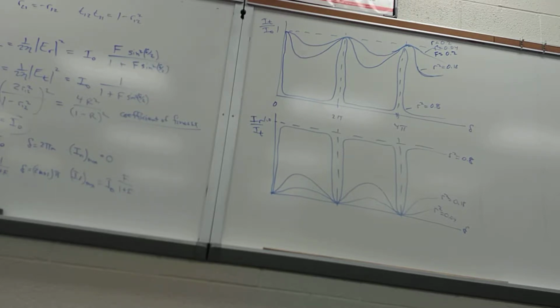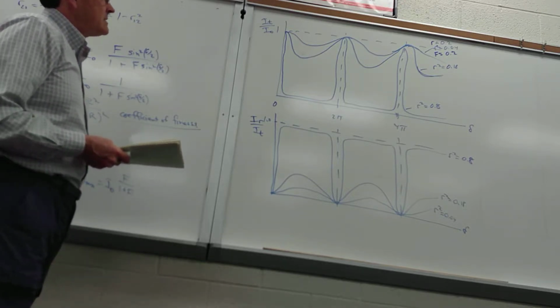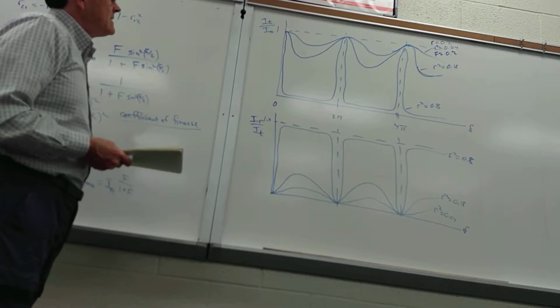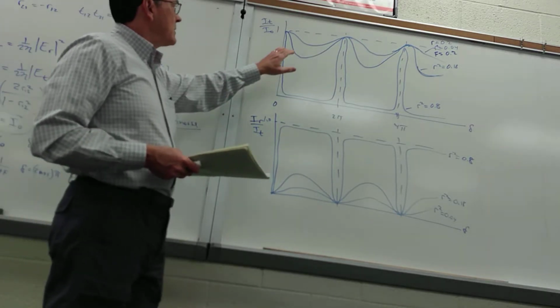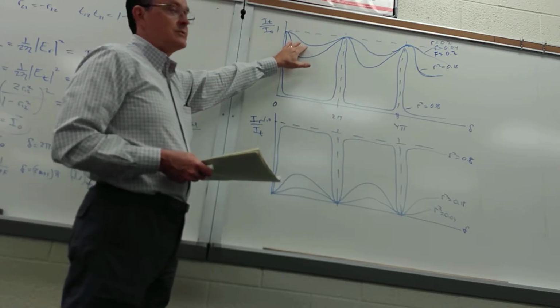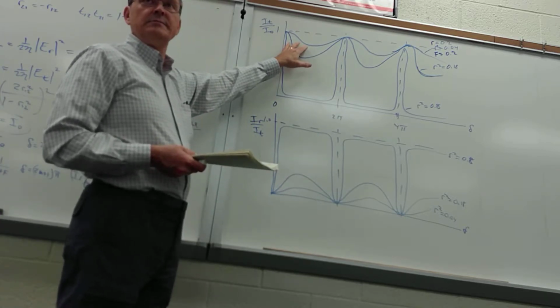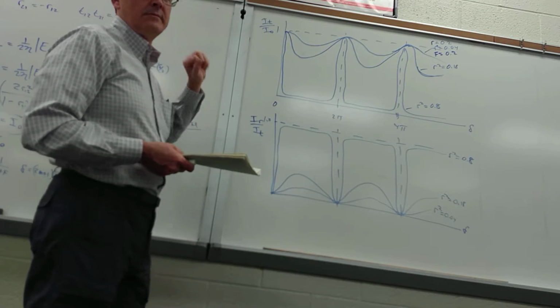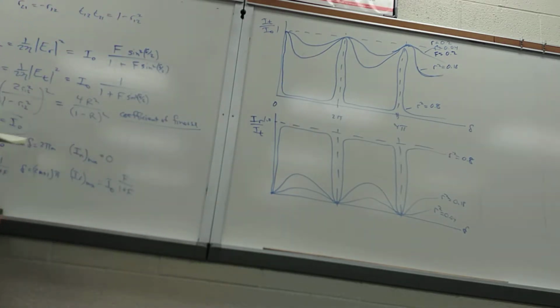So, if you look at these things, the R squared equal to 0.04 curve here turns out is pretty sinusoidal. But as we increase R squared, it becomes anything but sinusoidal.